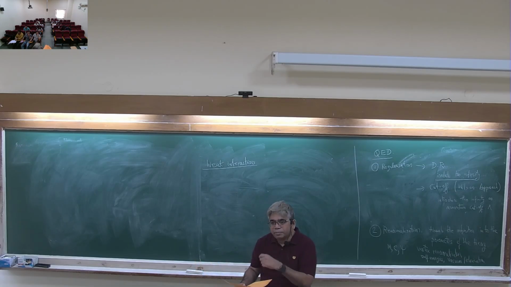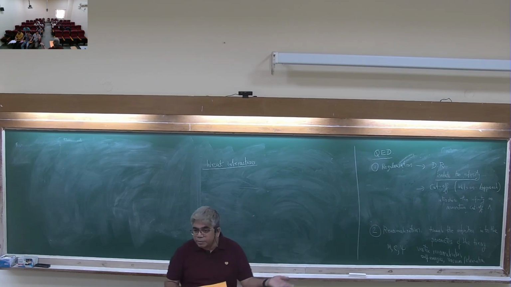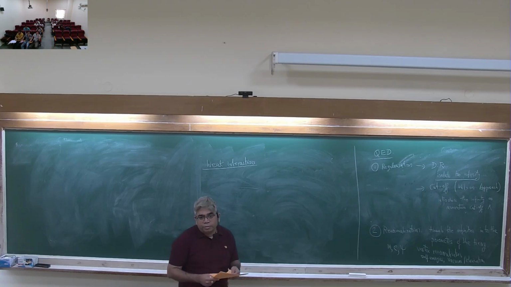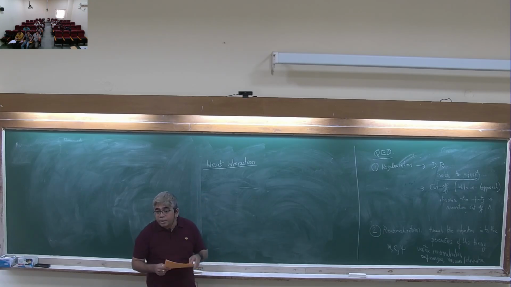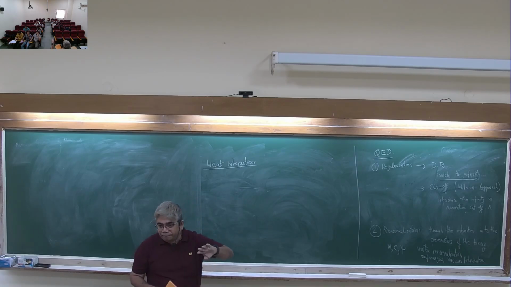There are some fixed points at which it goes to some numbers. SU2 itself can be confining. For example, Sachin is working on SU2 matrix models. But not in the standard model.